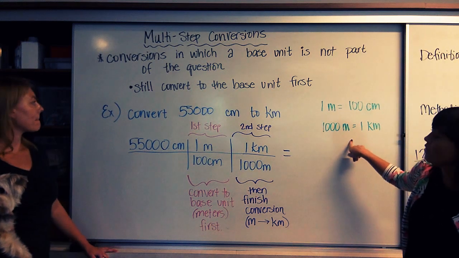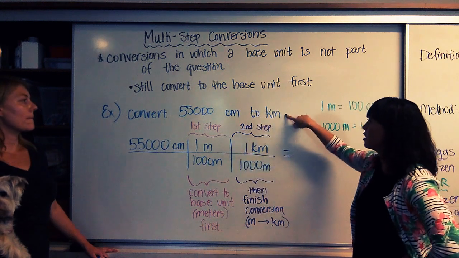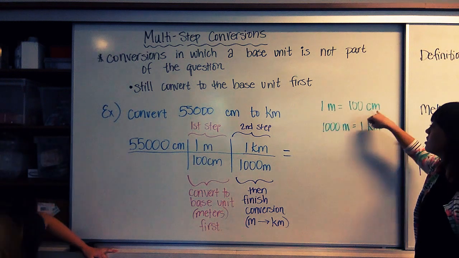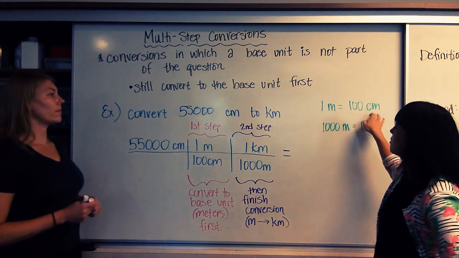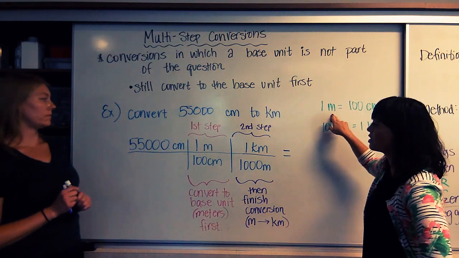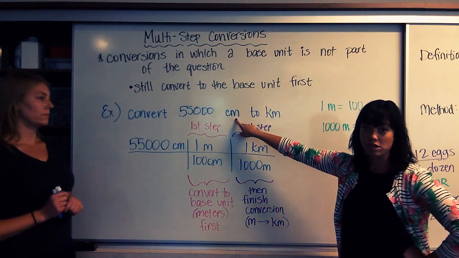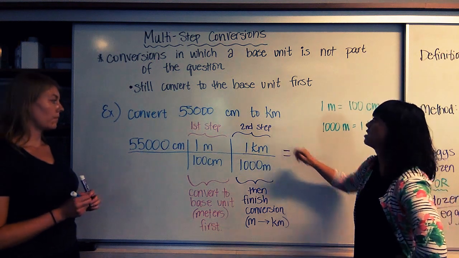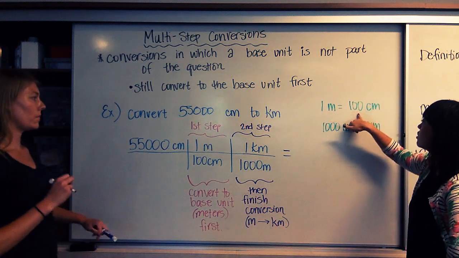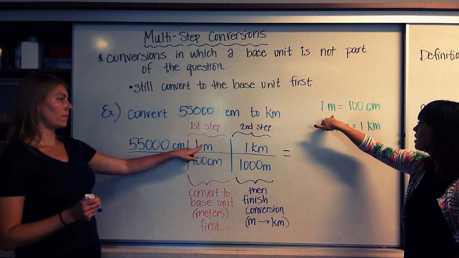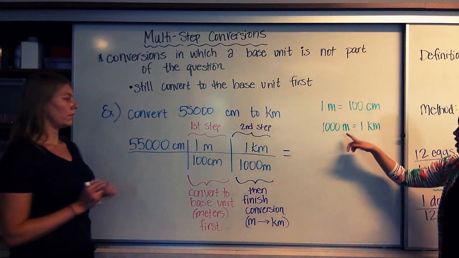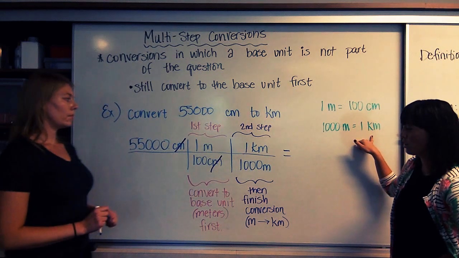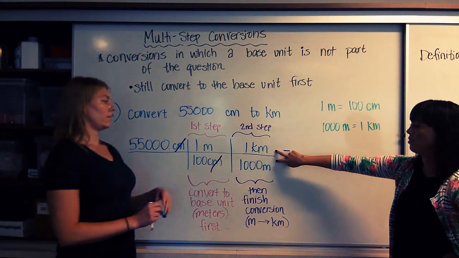So, if we are converting 55,000 centimeters to kilometers, we want to go ahead and make sure that we have our meters to centimeters first, or our centimeters to meters written out first, because we want to first convert to our base unit of meters before we go up all the way to our kilometers, up the staircase. So there's 100 centimeters in every 1 meter, and then there are also 1,000 meters in every 1 kilometer. So that would be our second equivalency statement.